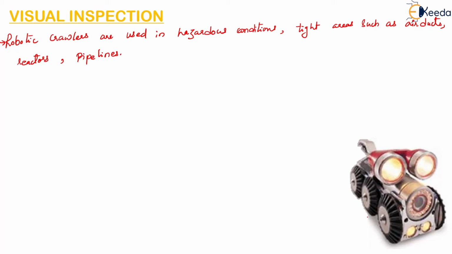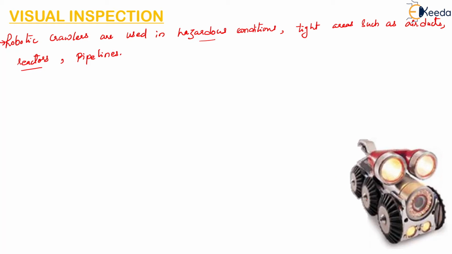In situations where very hazardous chemicals are used, we cannot go there personally and look for flaws. In reactors, maybe a nuclear reactor, you can't go there and look for flaws. So in that situation, we send this crawler into the reactor.